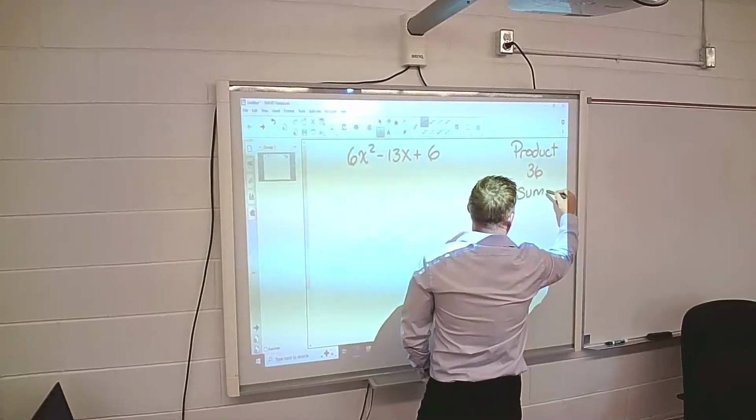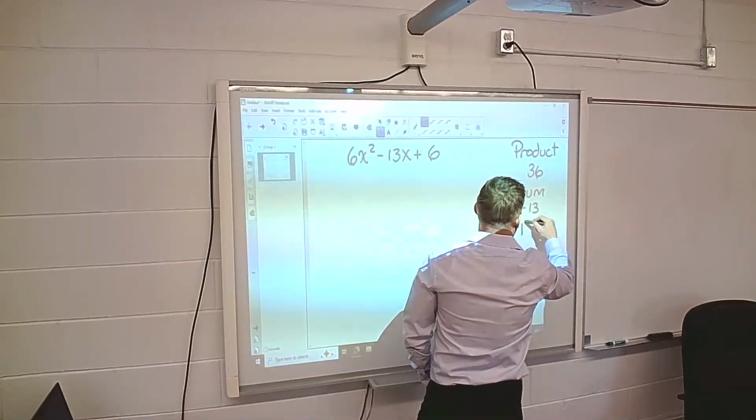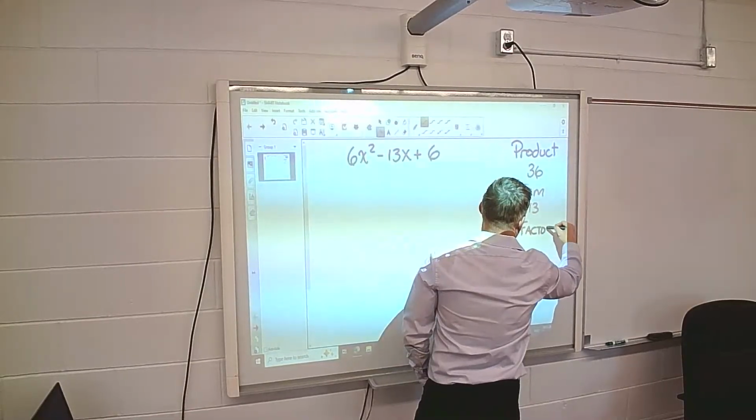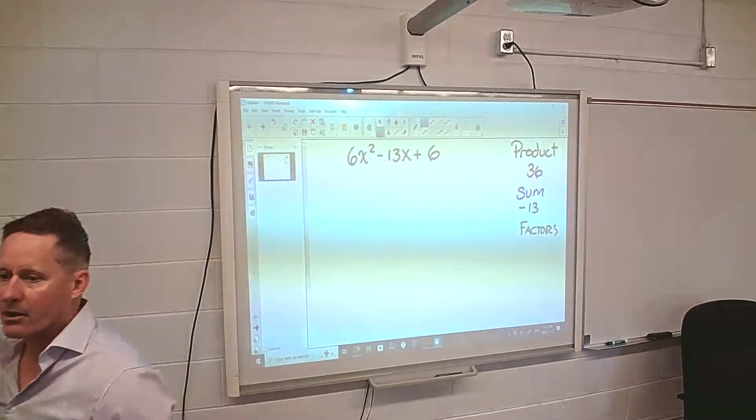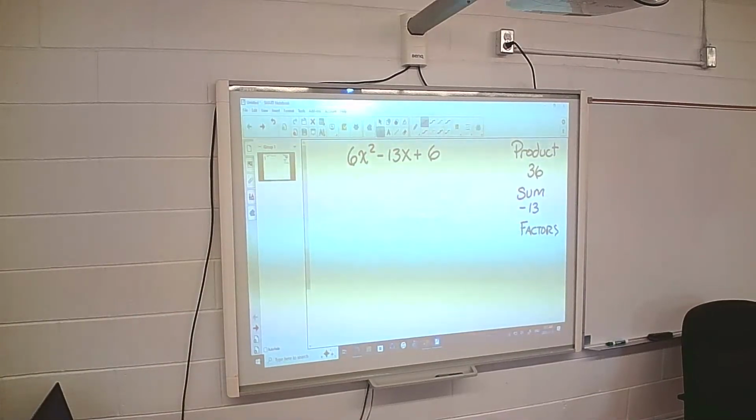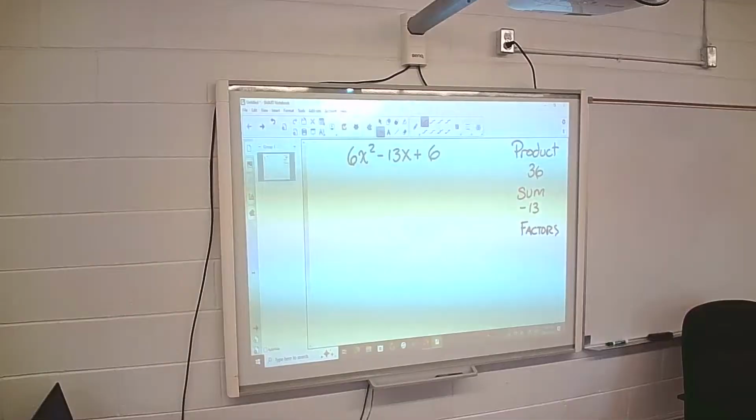The sum is the middle term. And now I need factors. What factors do I multiply to get a positive 36 and a negative 13? As soon as you see that, it should trigger one thing.